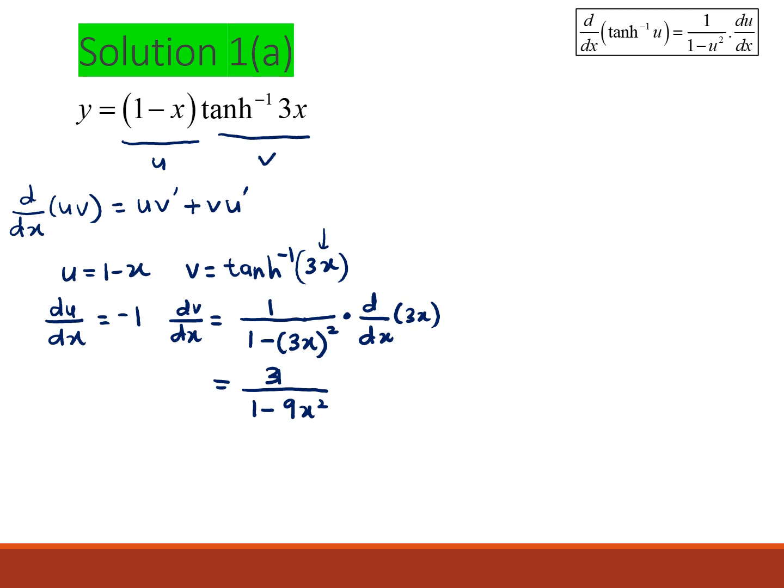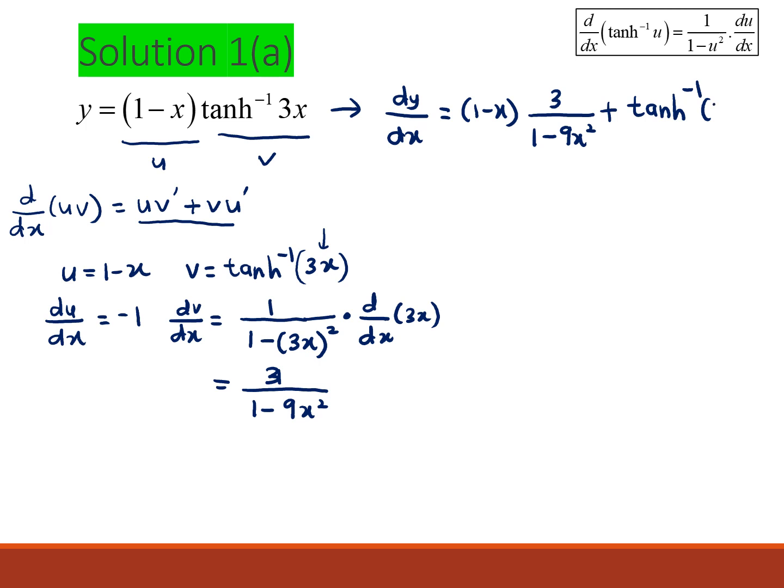Now we can solve dy over dx, where dy over dx will be u, which is 1 minus x, times v prime, which is 3 over 1 minus 9x squared, plus v, which is the inverse of tangent hyperbolic 3x, times u prime, which is -1.